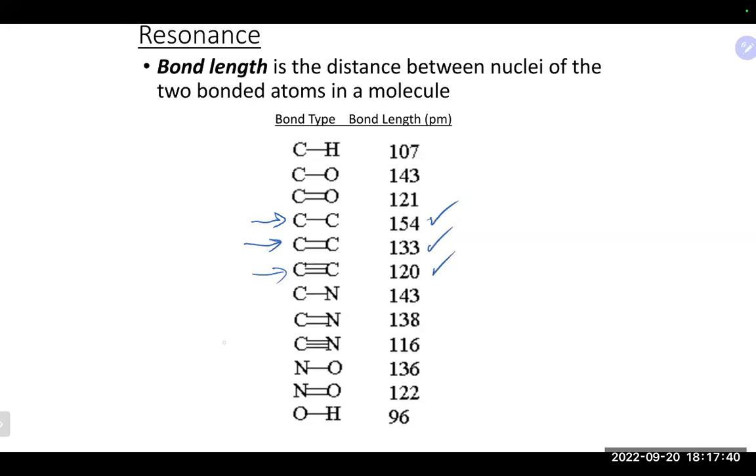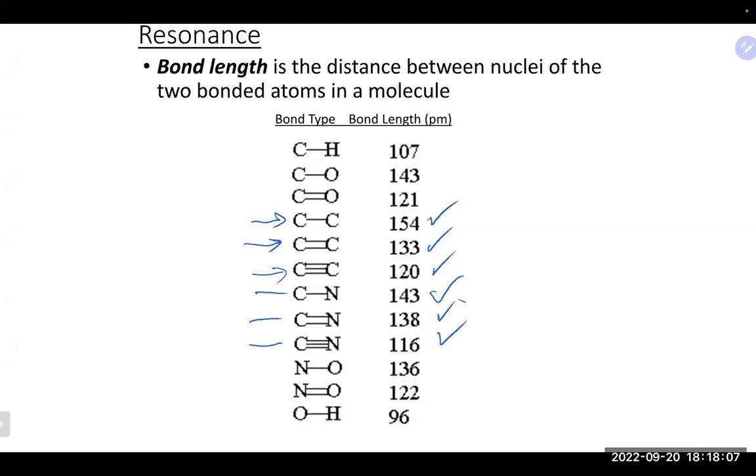If we look at the carbon-nitrogen single, double, and triple bond, it goes from 143, 138, 116. What we see is single bond is longer than a double bond, and a double bond is longer than a triple bond. So essentially, every time you bring those electrons in to make the double bond, it brings everybody closer. Triple bond bringing electrons in, going to bring everybody closer to each other.